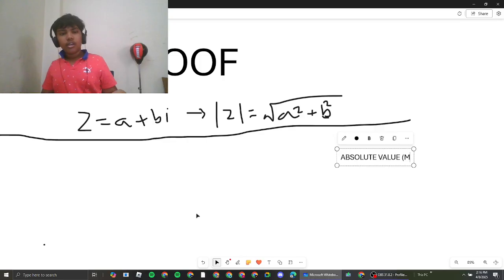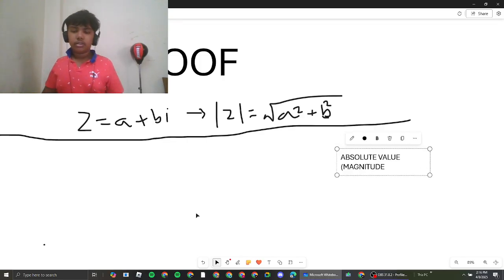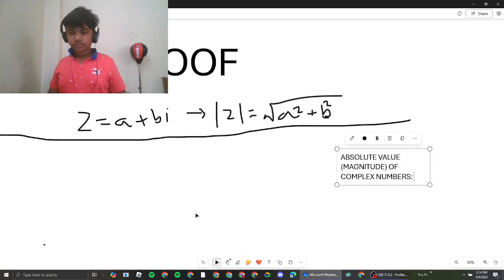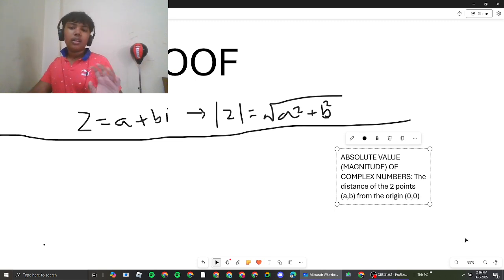Yeah, the absolute value for complex numbers is also known as magnitude. The distance between 2 points, A, B and the origin 0, 0. So that's what it means.